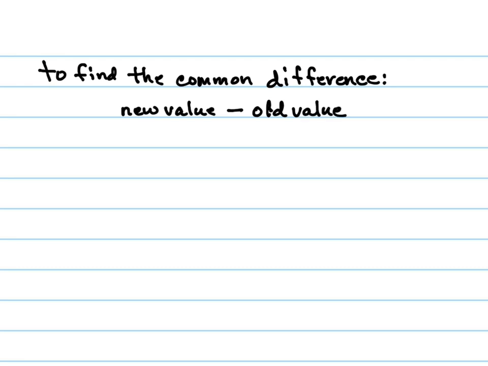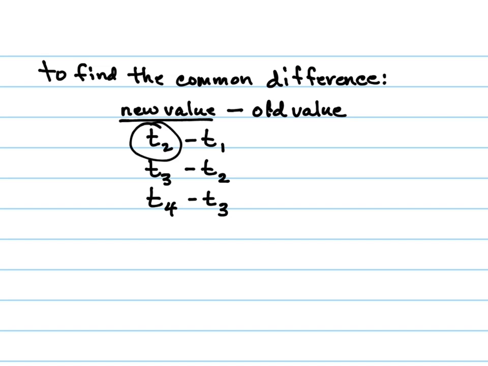So for us, that would be, for example, term 2 minus term 1. And we need more than 1 to confirm that there is an actual common difference. So then we would take term 3 minus term 2, and you could test it again by doing term 4 minus term 3, although 2 is plenty usually to establish a pattern. But you do have to be careful, because sometimes they'll throw in some that seem to be working, but it isn't. Again, remember, it's always the newest one, so term 2 minus term 1, otherwise you're going to get the wrong sign.